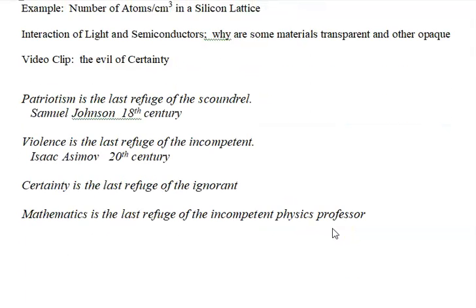These are two of mine, which you may feel are silly or not. Certainty is the last refuge of the ignorant, which I think is going to be relevant for our future discussions. And the one that I like the most: mathematics is the last refuge of the incompetent physics professor.